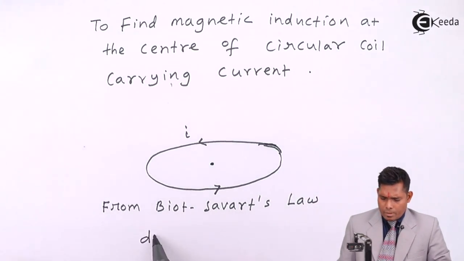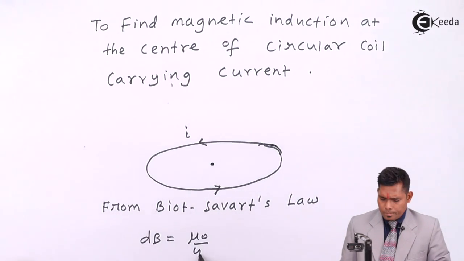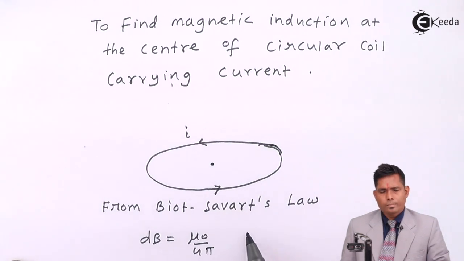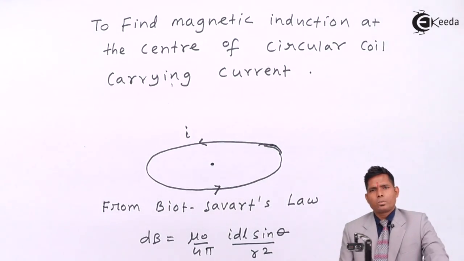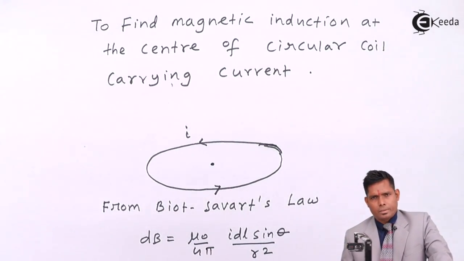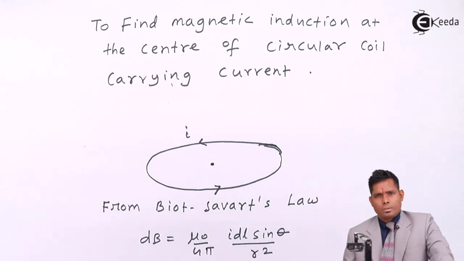We'll write dB. I'm writing this in scalar form because I know the direction of the magnetic field. If I know the direction of the magnetic induction, I can just find the magnitude.